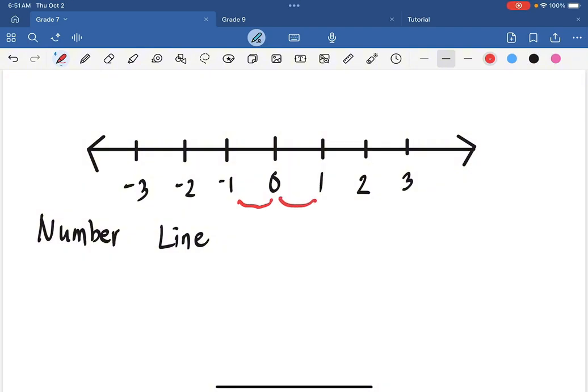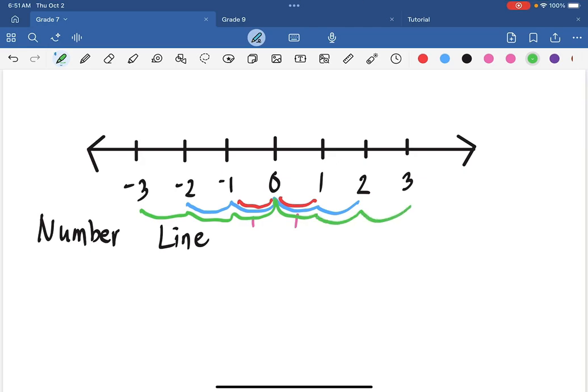The interval or the jump from 0 to -1 and 1 is just 1 unit. Same goes with 0 to -2 and 2, so we have 2 units for them. And also with 3: 1, 2, 3, and 1, 2, 3.